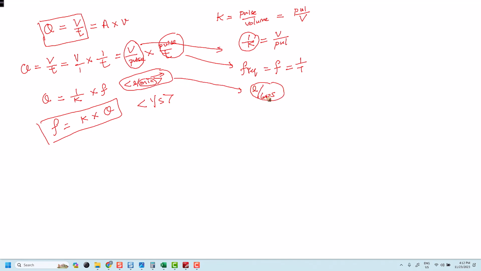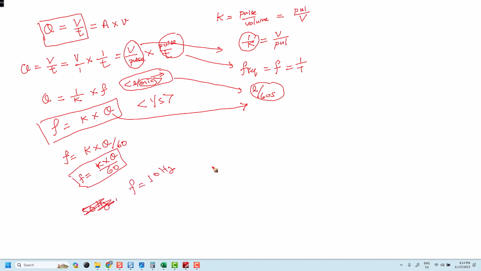Because 1 minute equals 60 seconds. So the Q unit is liter per 60 seconds. So this formula can be written as K times Q divided by 60. Okay? Or K times Q per 60.